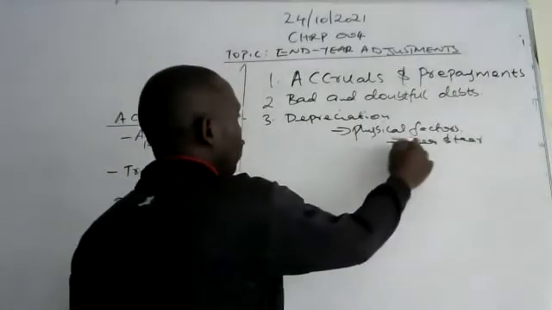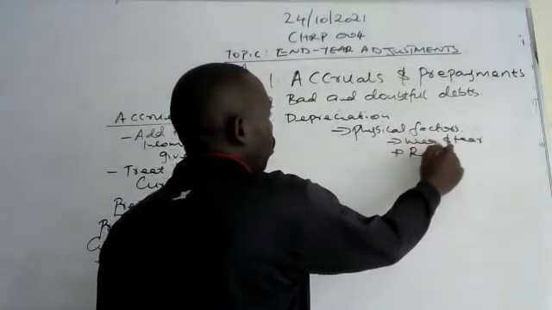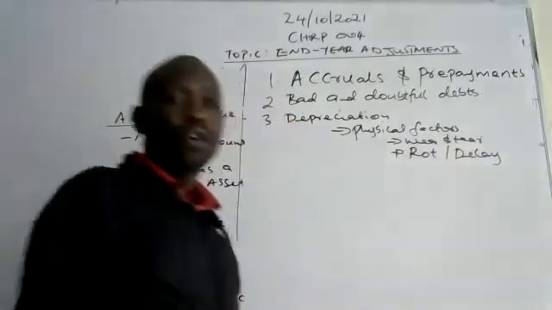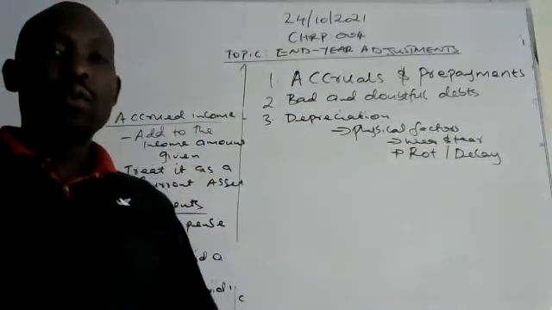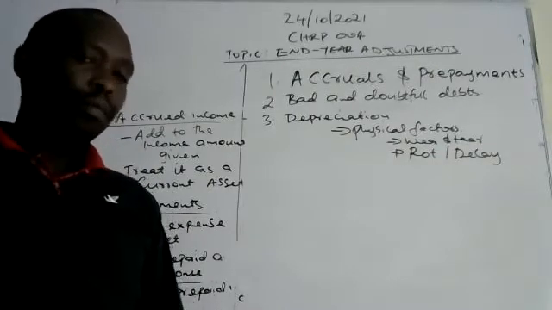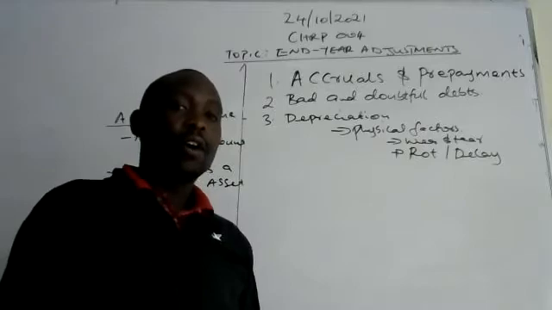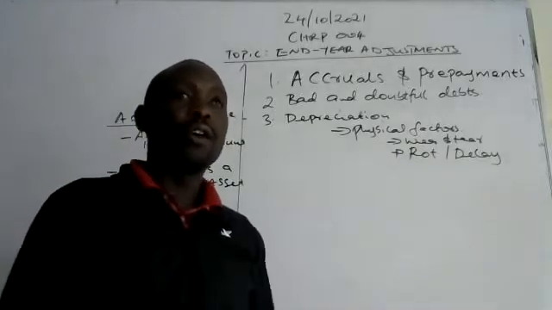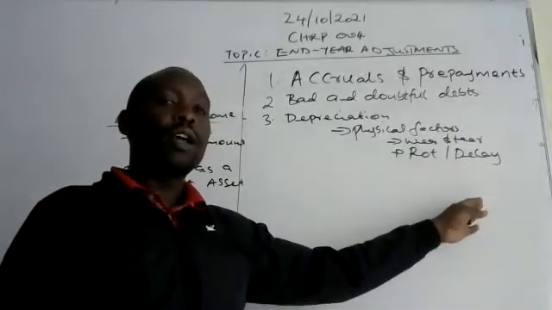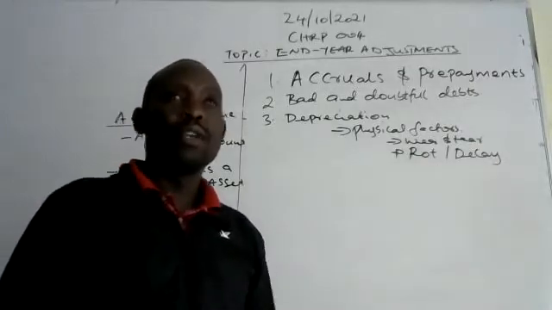The other thing is rot or decay, especially for wooden assets. If they are not properly kept and maybe furnished, or they are exposed to rain and all that, they will decay and rot. And as a result of that, their value will be reducing.